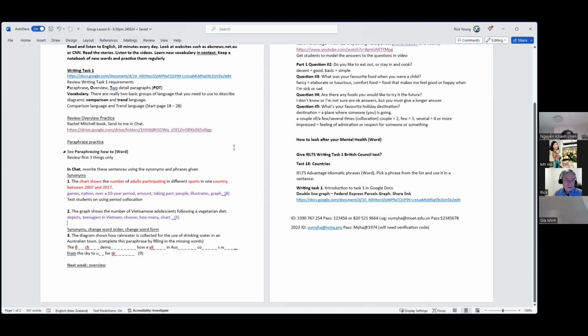So just before we finish this, I just want to remind you there are 3 main ways that you can paraphrase a sentence. Use synonyms, change the word order, or change the word form.